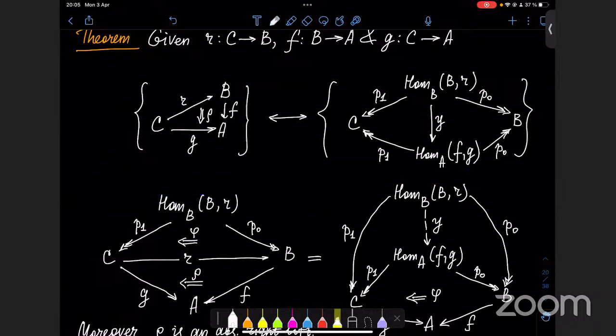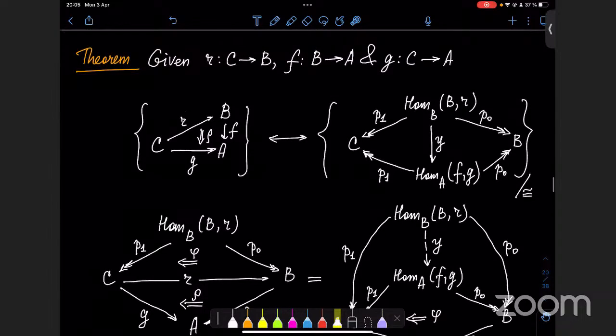Of course, here I mean that we probably consider isomorphism classes.